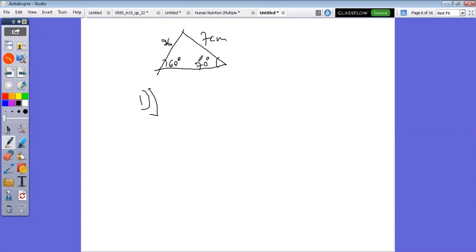So if you want to start with the angle, because this angle is opposite that, I can say sine 60 over 7 centimeters is equal to sine what? 70. 70 is opposite what? X. Like this. Are we together? Yes, sir. Cross multiply.